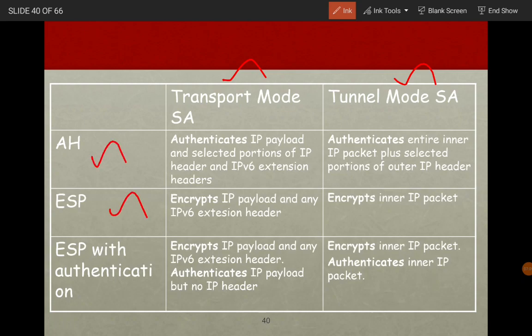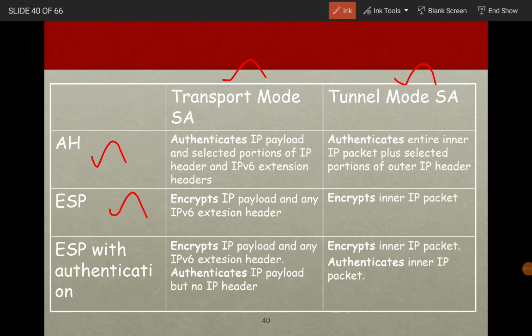As I told, we have the authentication header and ESP in the architecture. Authentication header in transport mode authenticates only the IP payload, that is the IP data, and it can authenticate selected portions of the IP header and IPv6 extension header.